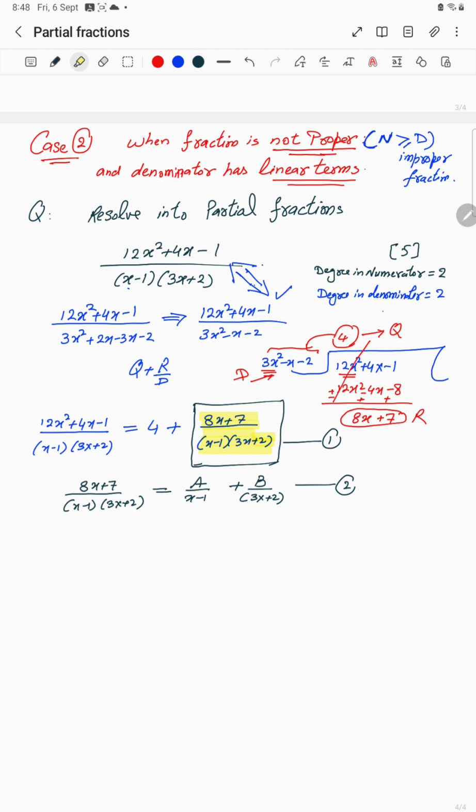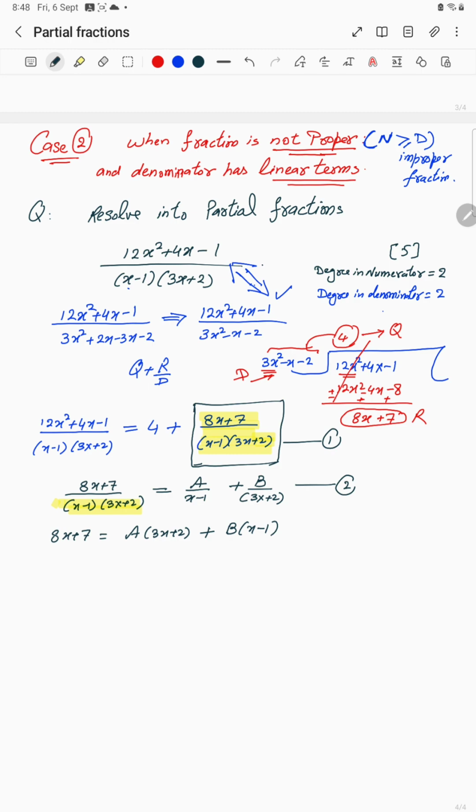As per the rule, whatever is the denominator of the original question, multiply each term with it. Here we get 8x plus 7. When you multiply with A, x minus 1 will cancel, and we get A with 3x plus 2, and with B, 3x plus 2 will cancel, and we get x minus 1, right?